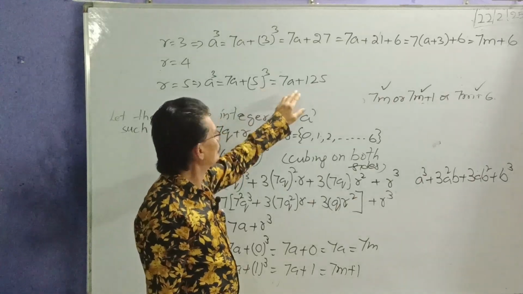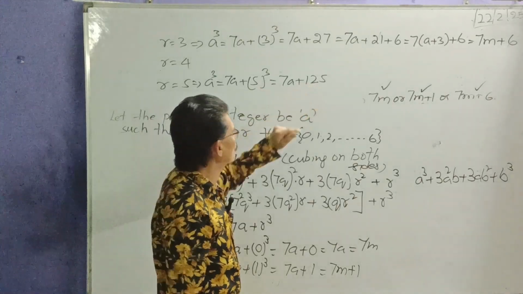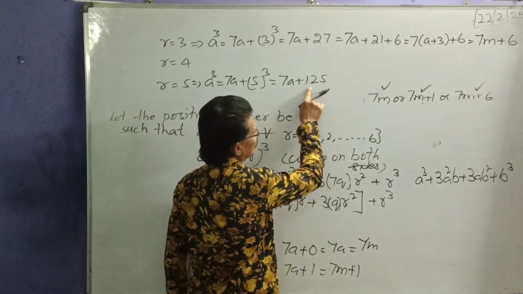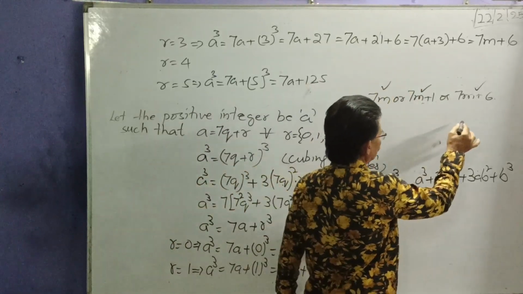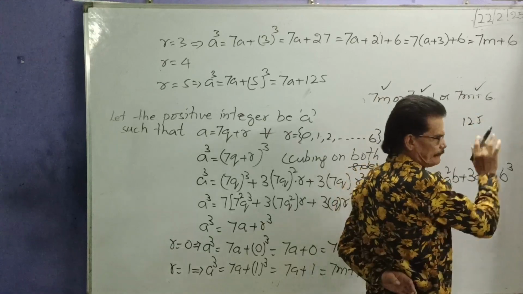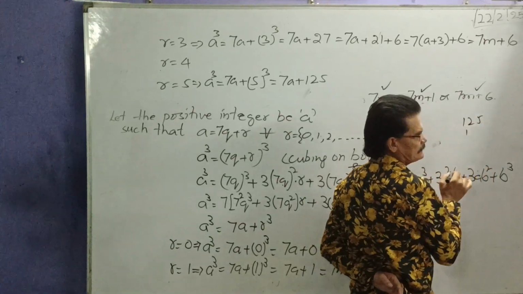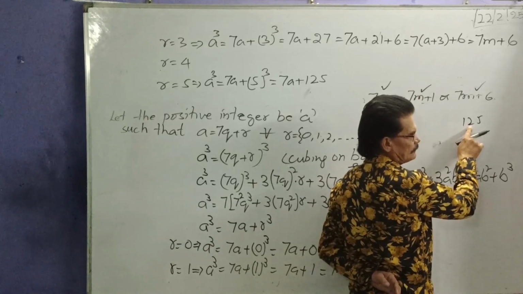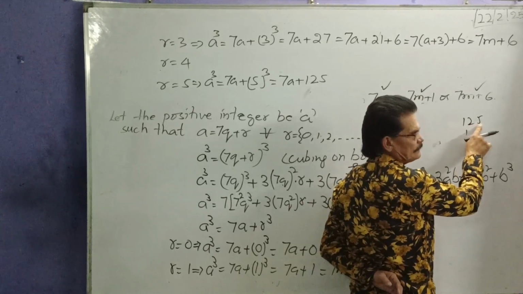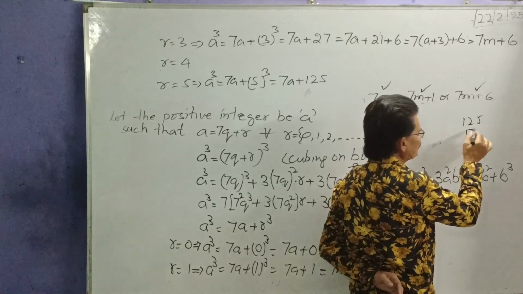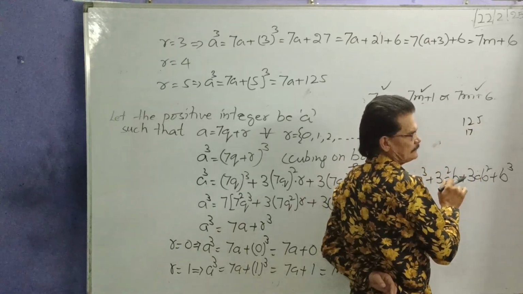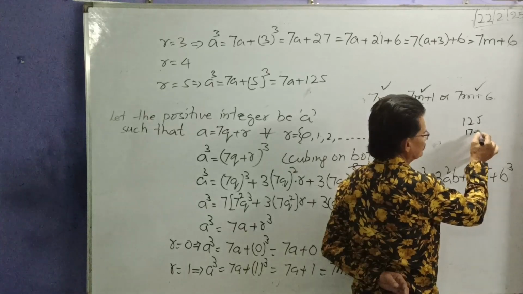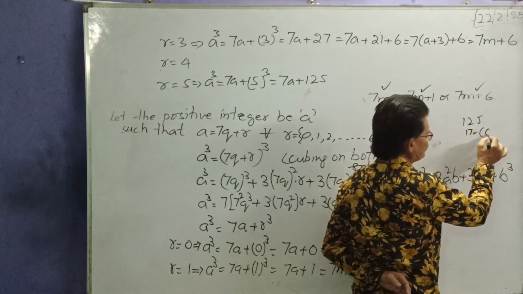Right? Now we have to take 7 tables here. How? 7 ones are 7, written outside in the rough work. 125, 7 ones are 7. How much is remaining? 5. 55, 7 sevens are 49. What is remaining? 6.